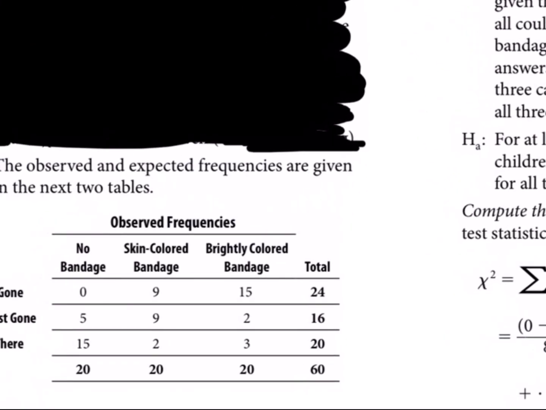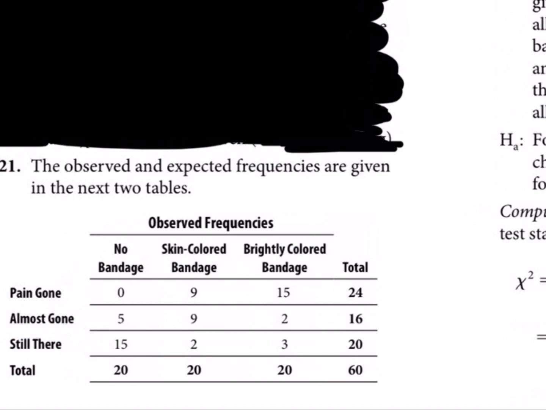So if you plug those 9 numbers into matrix A, you would need a 3 by 3 matrix. Remember, you do not type the totals into your matrix. So if you have the 0, the 9, the 15, the 5, the 9, the 2, the 15, the 2, and the 3 in matrix A, then all you have to do is go to your chi-squared test, make sure the observed values are matrix A, and then just tell it that the expected values are in matrix B. Do not change anything.